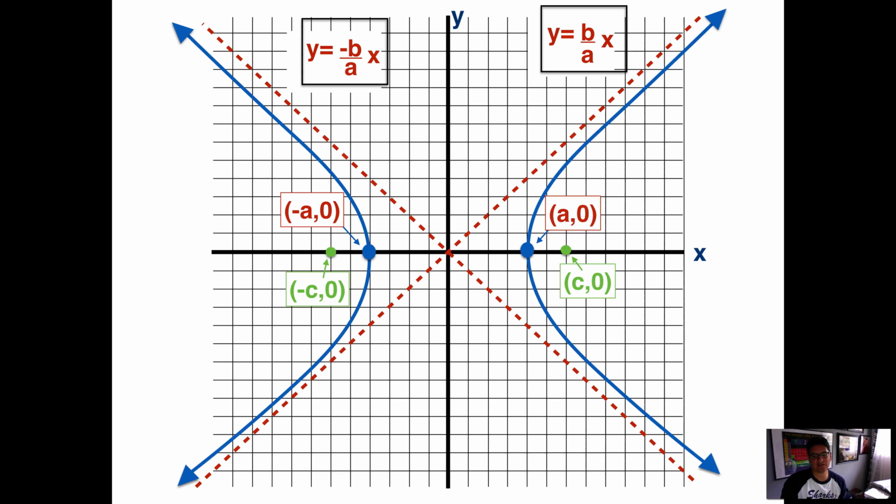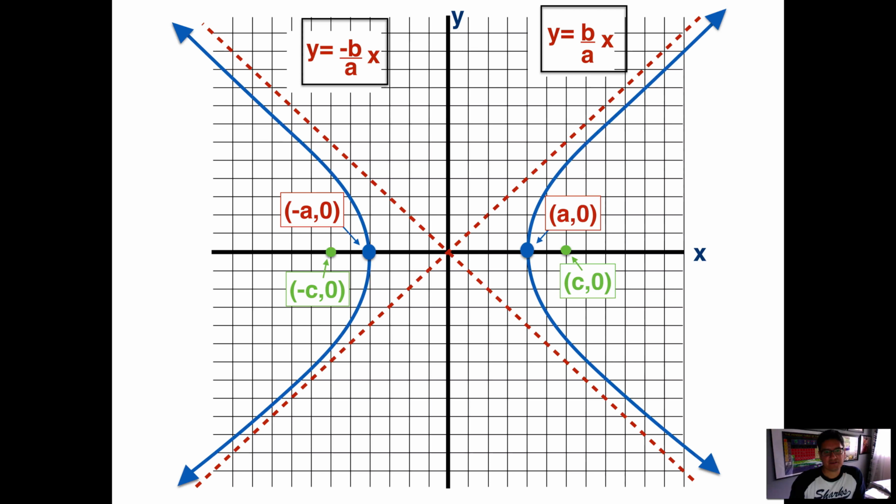Our dotted red lines are asymptotes, and those asymptotes are found by using this equation right here on the top: y equals negative b over a x. That's your slope-intercept form, so the b over a is actually your m. That's your rise over your run, so you use your b and your a.